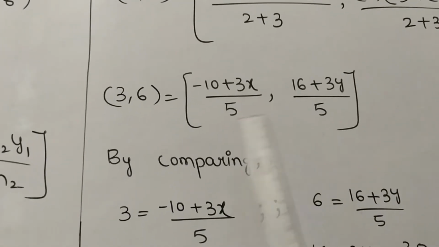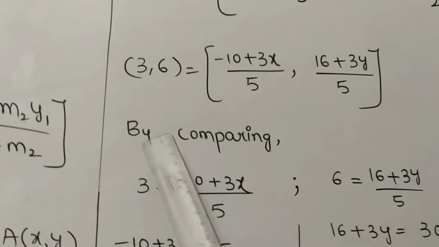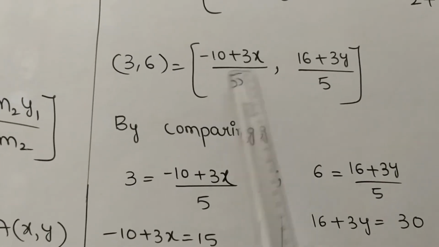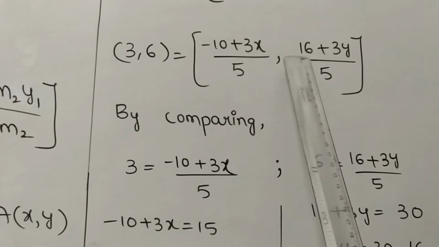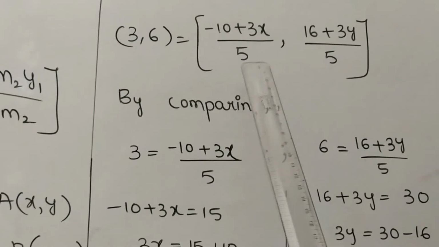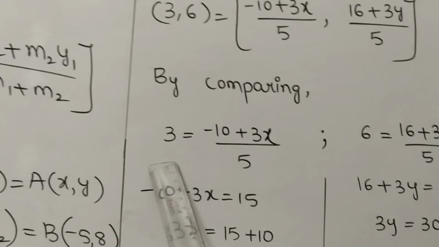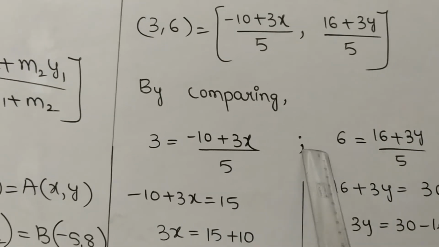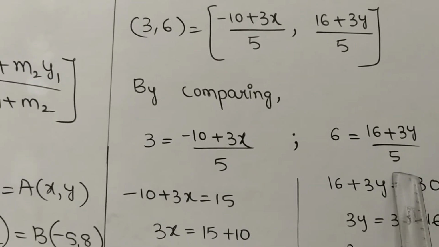In this step I am comparing: we are comparing this 3 with (-10 + 3x)/5 and this 6 with (16 + 3y)/5. So by comparing you will get 3 equals (-10 + 3x)/5 and 6 equals (16 + 3y)/5.